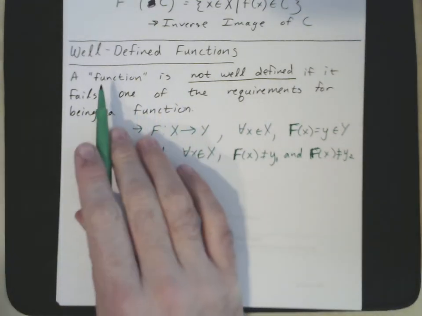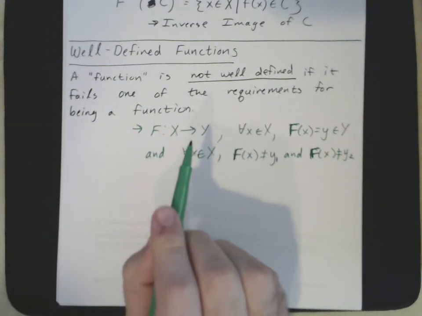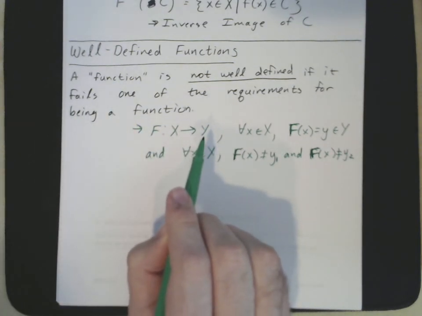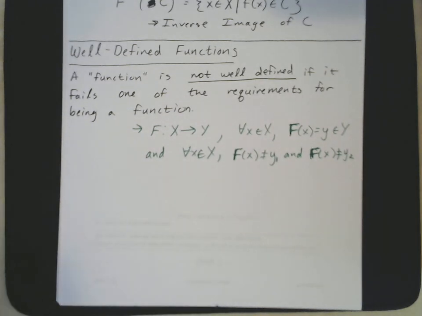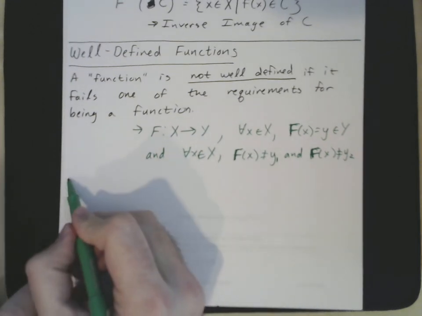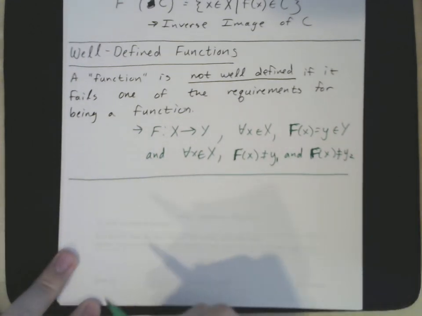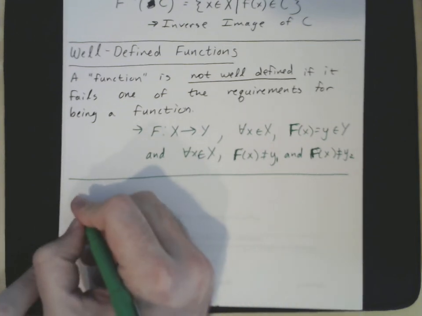Now the reason we say function still is because maybe you change your codomain and you change your domain and you have a well-defined function. But we've seen non-well-defined functions for a long time, and we treat them like functions. So the classic example of something that's not a well-defined function is the circle.